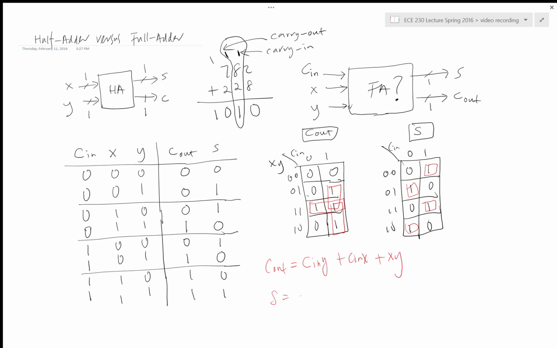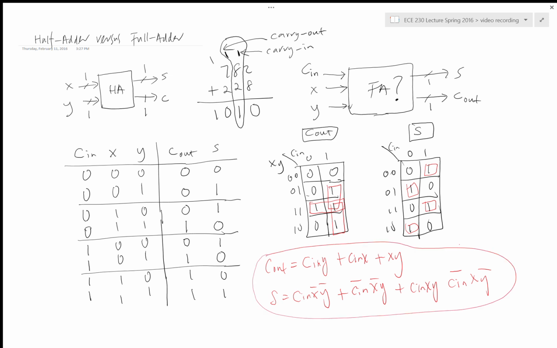So it's C in X, Y, not C in not X not Y, C in X, Y, and C in X. Okay, so this is the logic that goes in here.